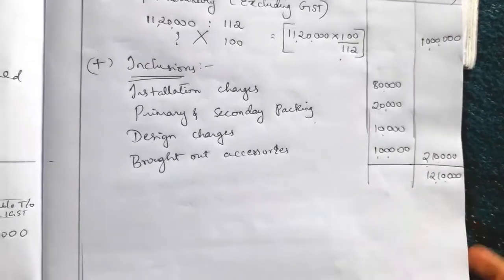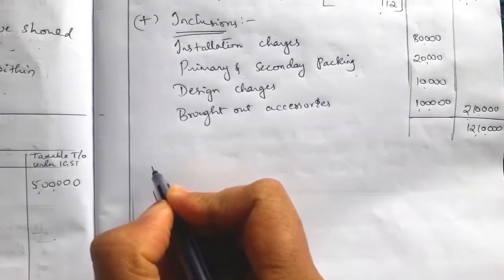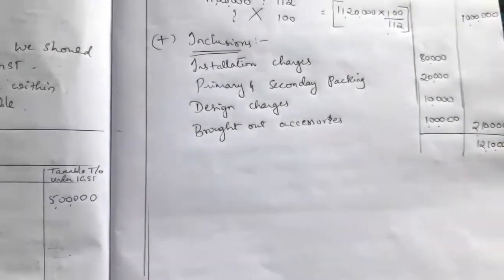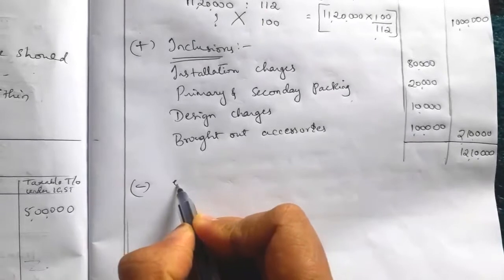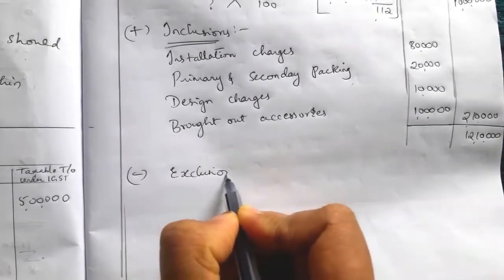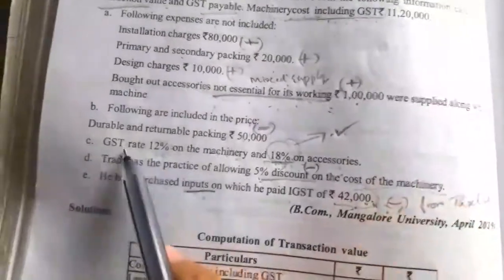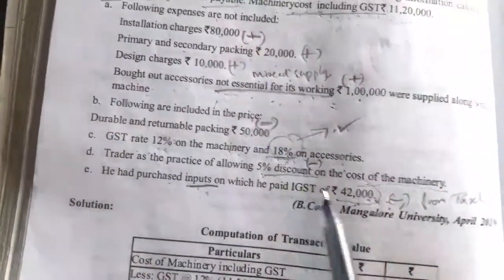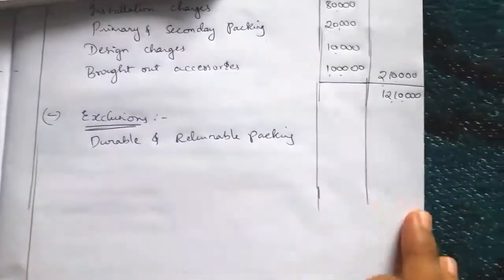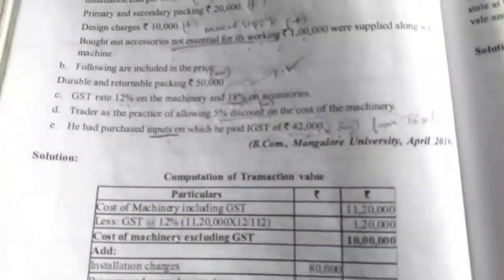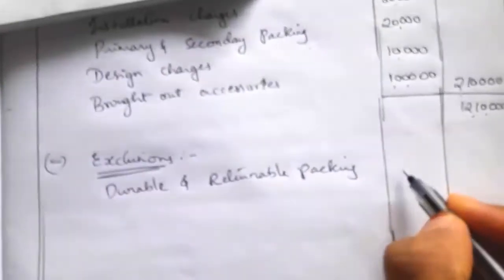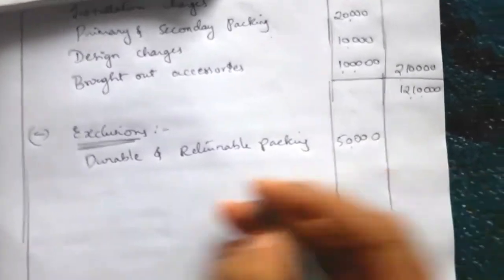From this we have to deduct the exclusions. There is no markup. Under exclusions we have durable and returnable packing, whose value is 50,000, and one more is discount.